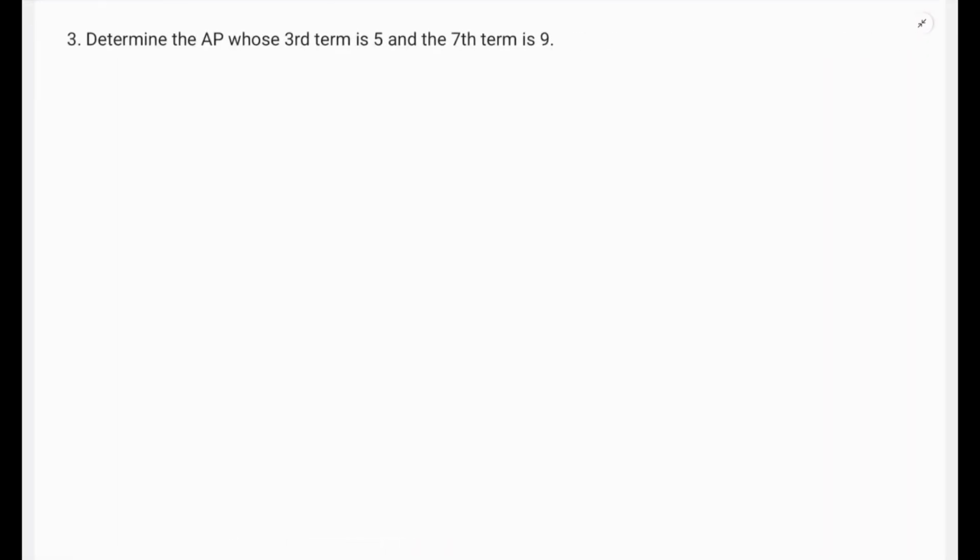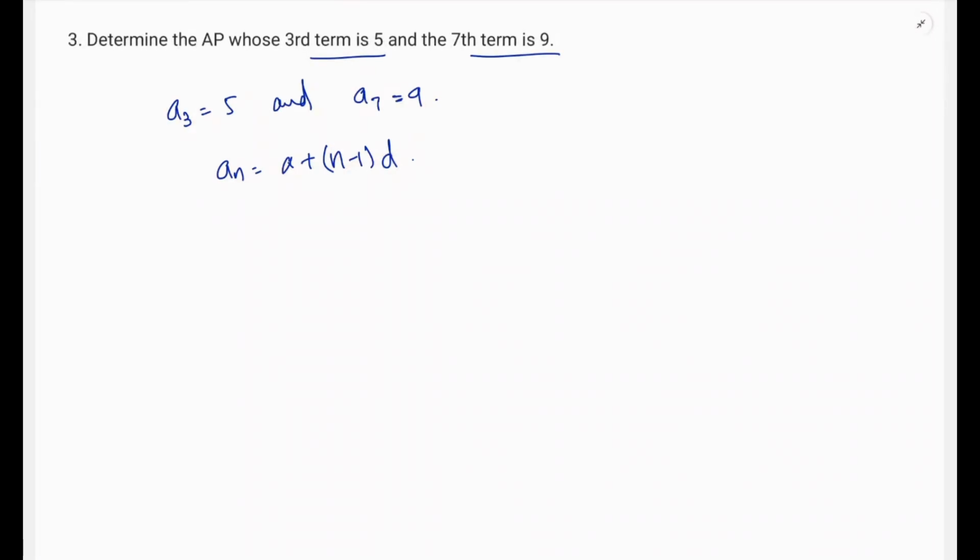Third one, determine the AP whose third term is 5 and 7th term is 9. Here it is given A3, third term is 5 and 7th term A7 is equal to 9. We have the formula an equal to a plus n minus 1 into d. Now we will take this equation.